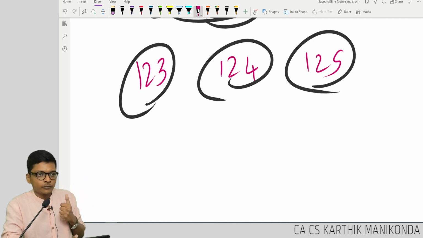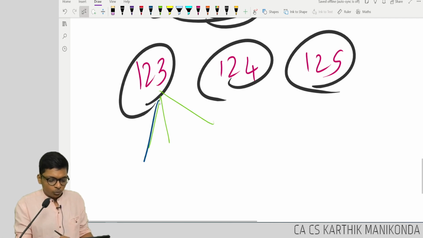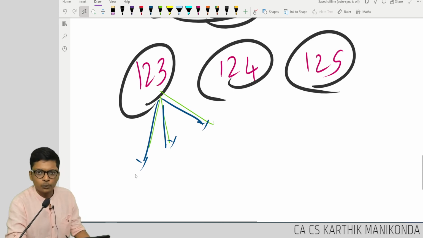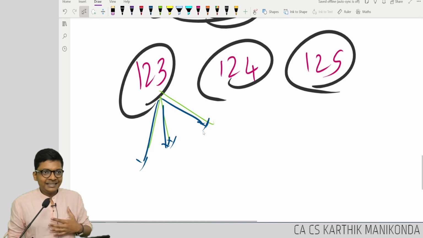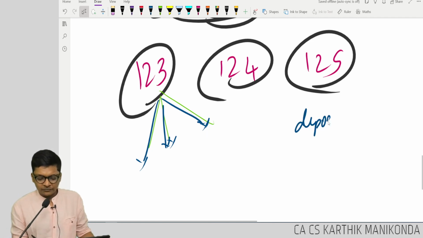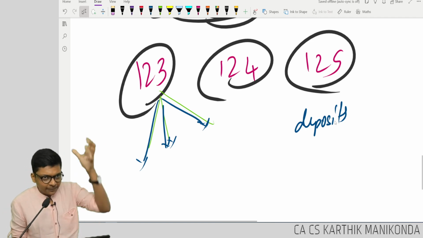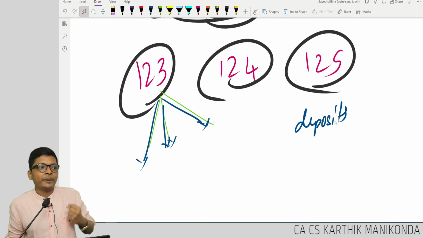Clear, guys? Perfect. Now, a few more miscellaneous points in section 123. Now, there is something called deposits. We are yet to see that because it's a separate chapter, the syllabus I told you in the first class. Deposits means I have accepted money from the public. If I don't repay deposits, can I declare dividend?